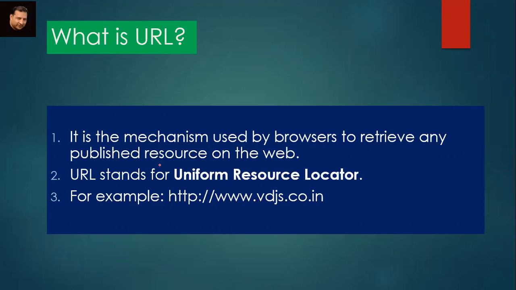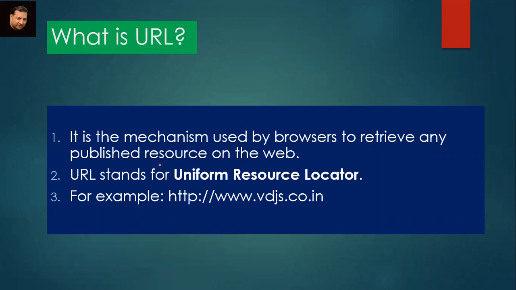Published resource means anything, any information, either in text form or multimedia form like audio or video. If it is there on internet in the form of web pages, that comes in published resource. So URL is used to access these web pages or resources on the web.